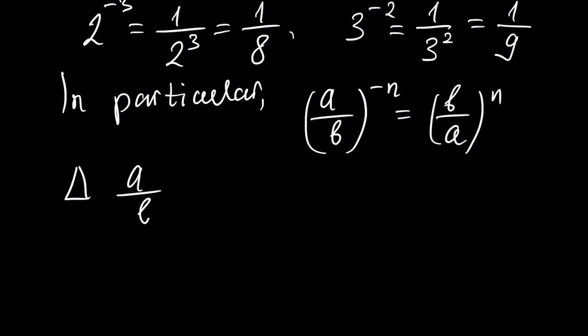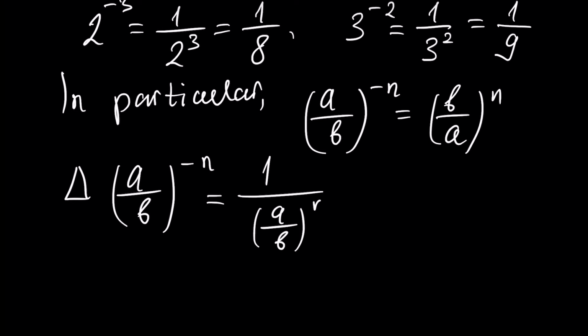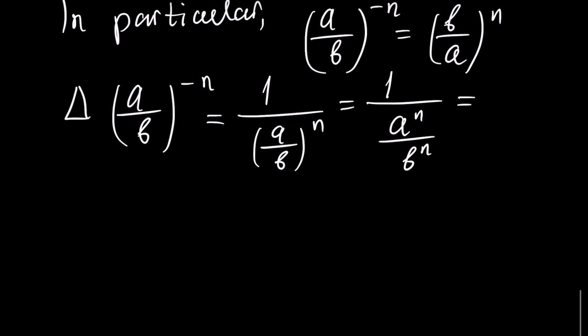A over b to the power minus n, using previous result, is a divided by a over b to the power n, which is equal to, using previous laws, a to the power n divided by b to the power n, which is equal by definition to 1 divided by a to the power n over b to the power n.